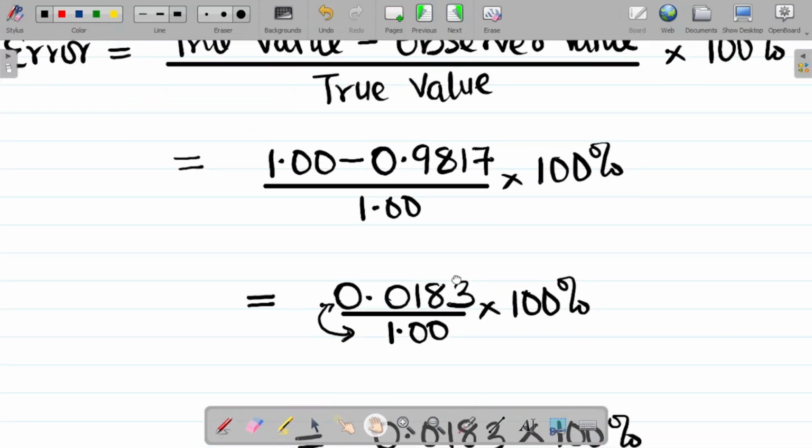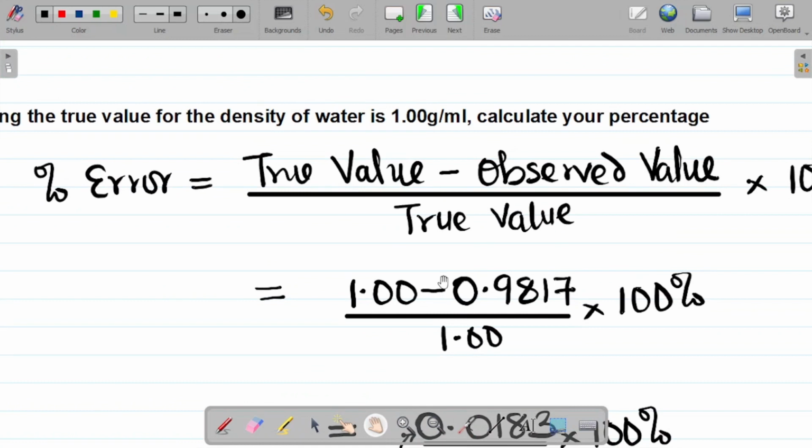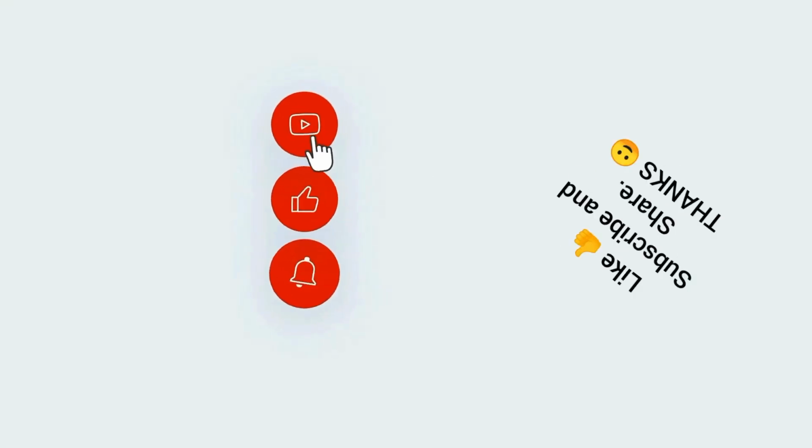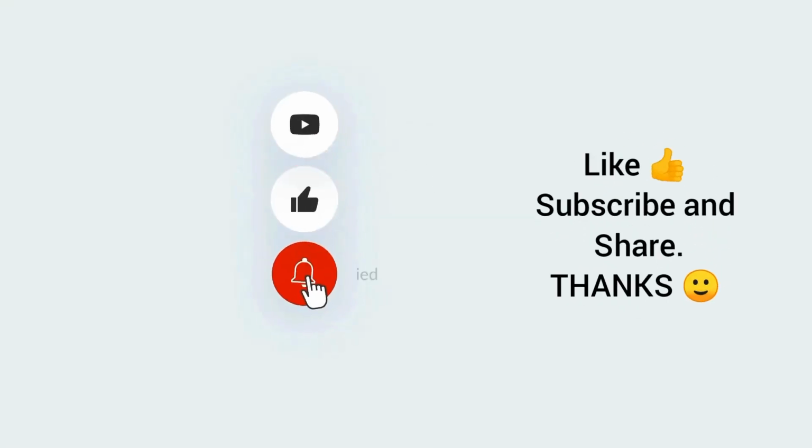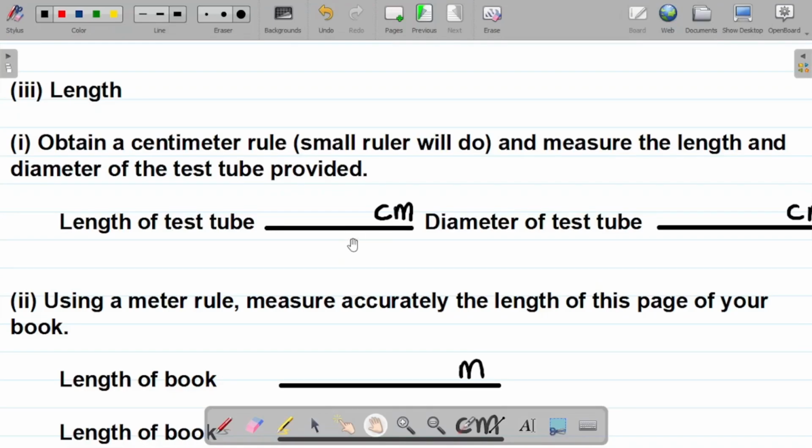So we look at the next one, which is how to find for length. All right, let's take the third and final one here. Now this is on length. The iPad says obtain a centimeter rule, a small ruler would do, and measure the length and diameter of the test tube provided.